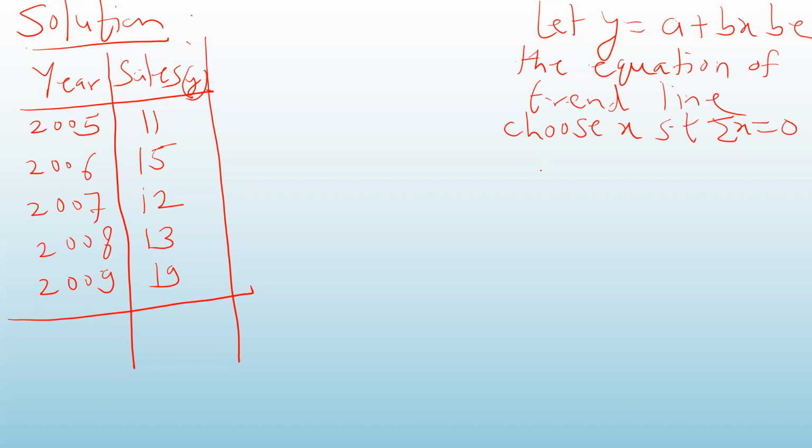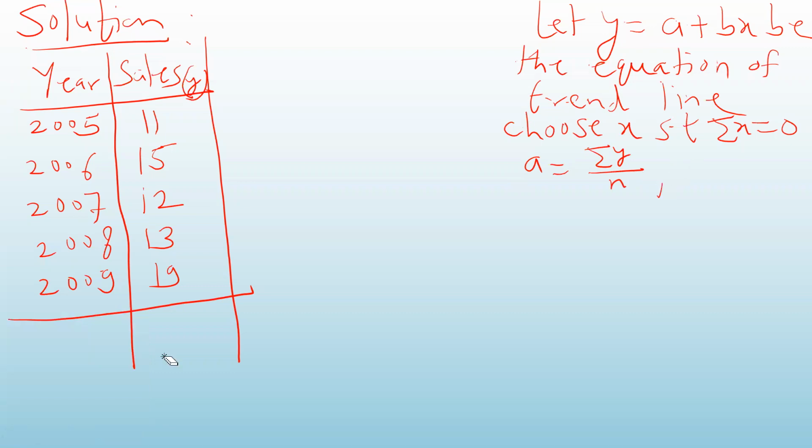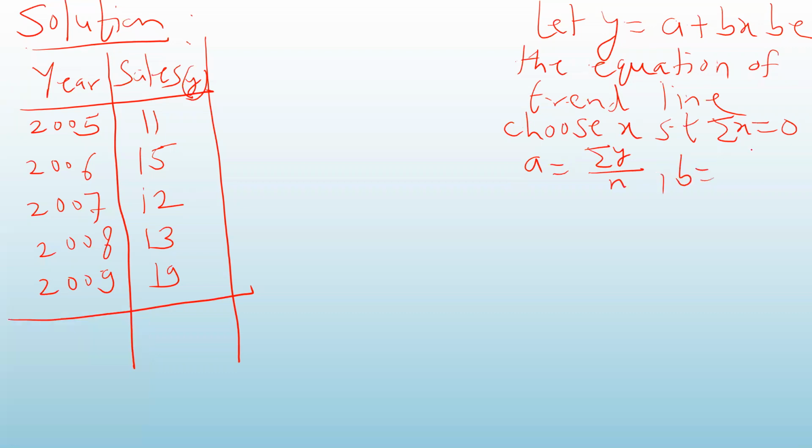So what is the value of A? We got summation of Y divided by N. And what is the value of B? The value of B is summation of XY divided by summation of X square.